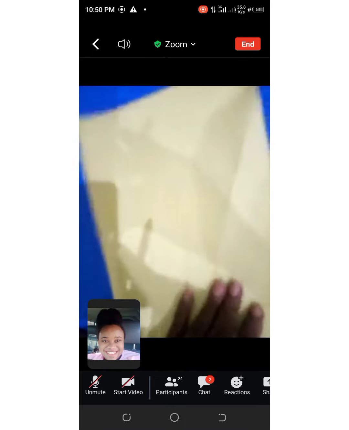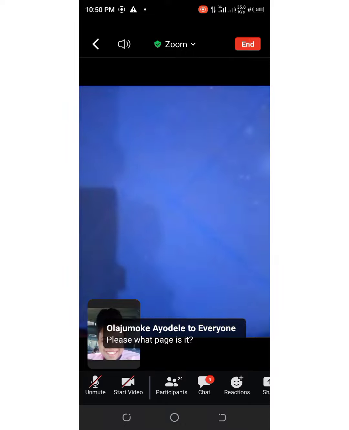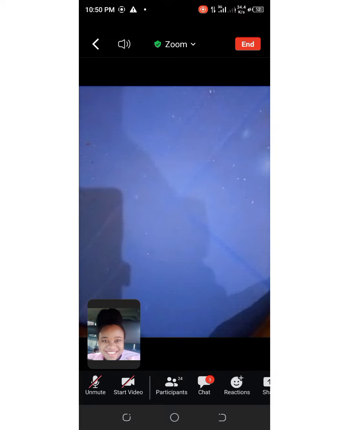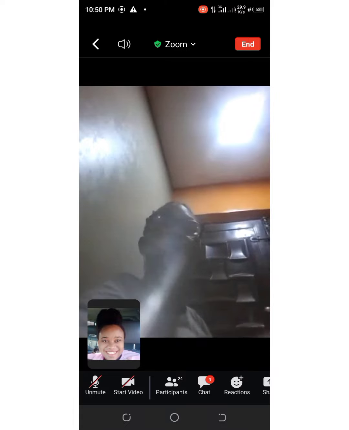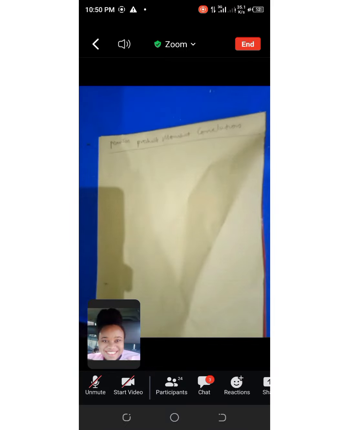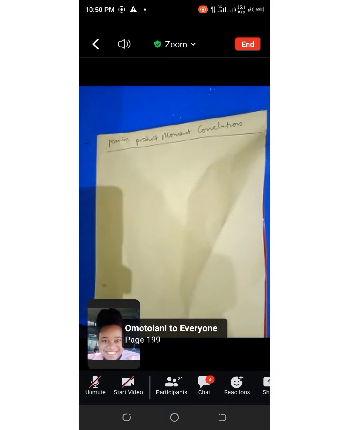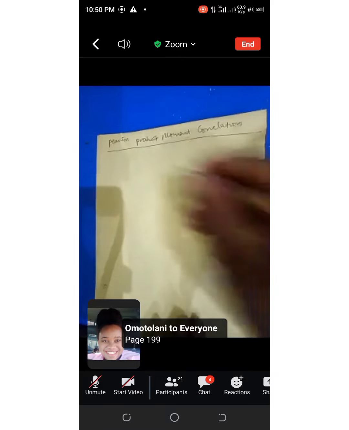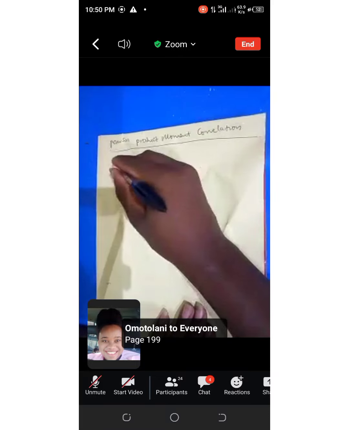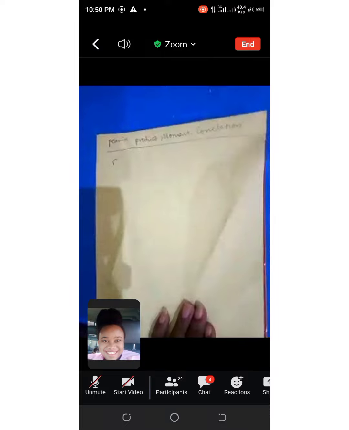Let me write the topic: Pearson product moment correlation. So the formula. R, if you see R, it means we are looking at correlation.